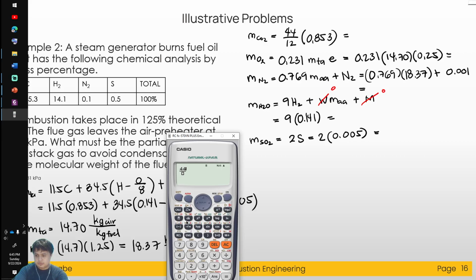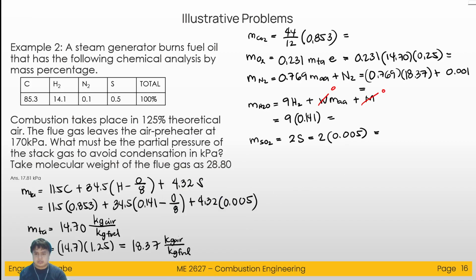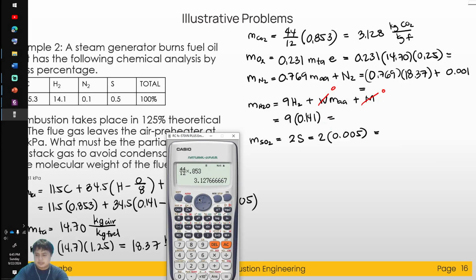So you have 44 over 12. Okay, this is 3.127, 3.128. So kilogram of CO2 per kilogram of fuel. What's next?